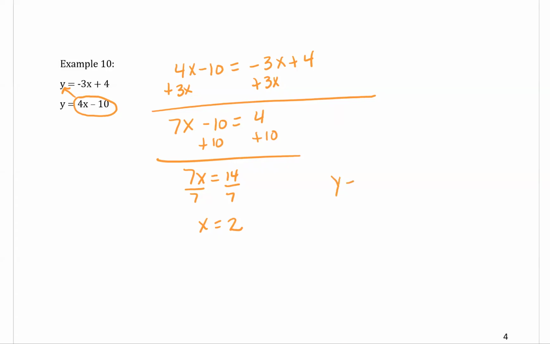I'm going to select the second equation. So y is equal to 8 minus 10, and y is equal to negative 2. So my answer is the ordered pair 2, negative 2. That concludes the video on substitution.